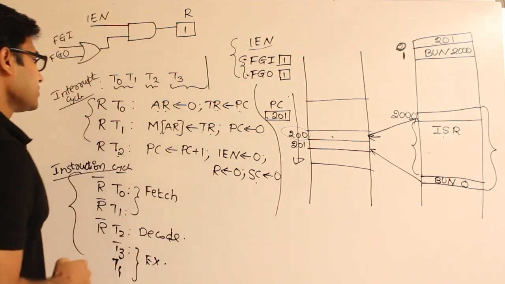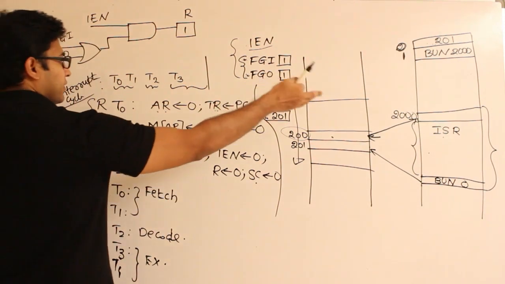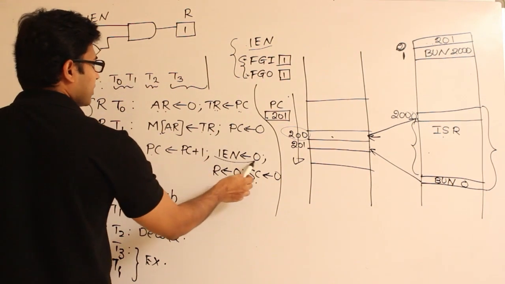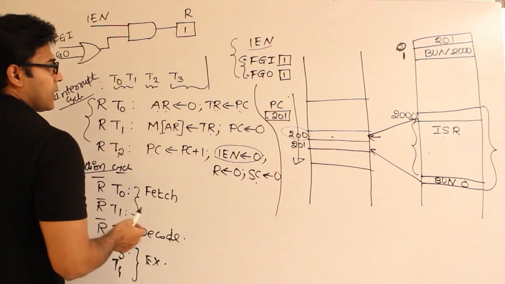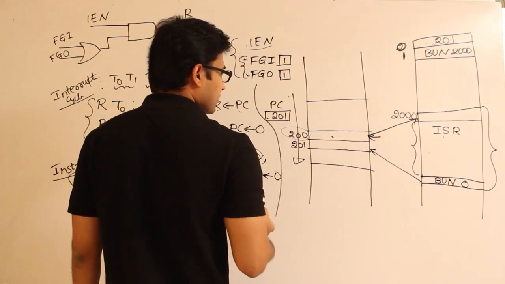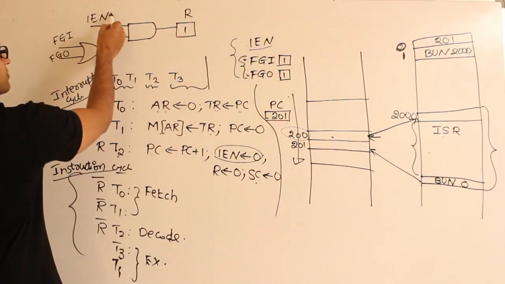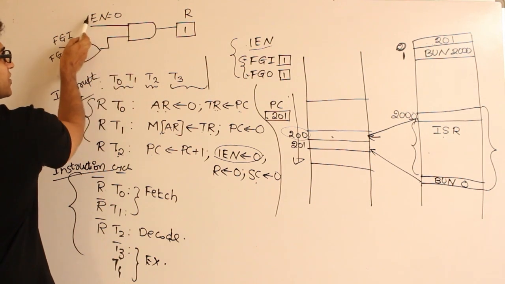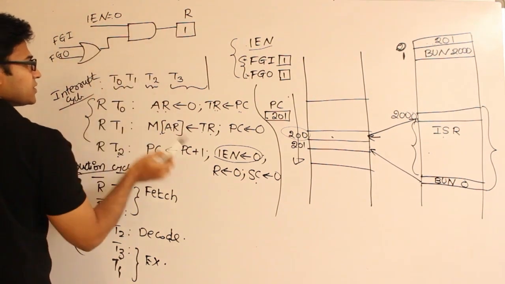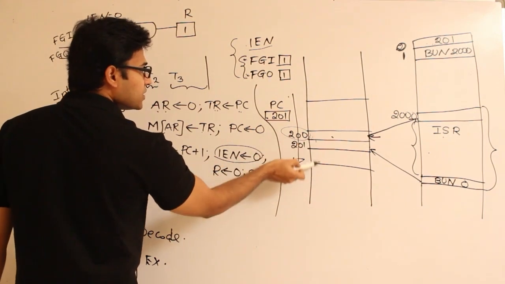Now one thing you have to observe here is, before I leave the control to the interrupt service routine, I am actually disabling the interrupts, right? Therefore after coming back from here to here, you will not be seeing the interrupts at all. Once IEN is made 0, R will always be 0, which means there is a danger that you will never be able to see the interrupts.